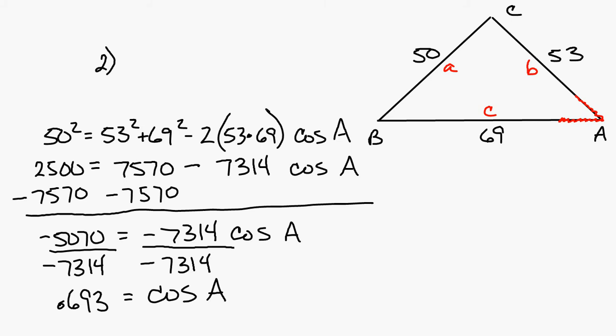If 0.693 equals cosine of A, you can push in your calculator second cosine, and that'll give you the angle measure, which is 46.1 degrees. Okay, so you're rounding to the nearest tenth. So angle A is 46.1 degrees.